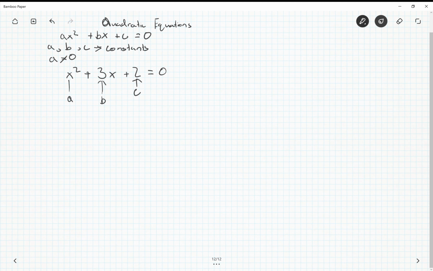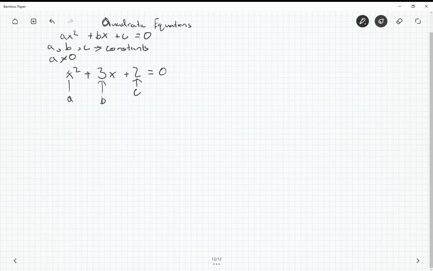The reason a is 1, even though there's nothing written next to this x, is that we can automatically assume it is 1. Whenever there's nothing written next to the x, it is just 1x squared.